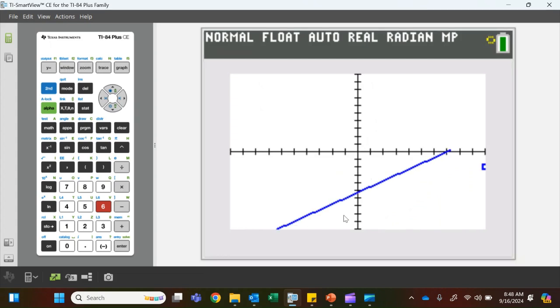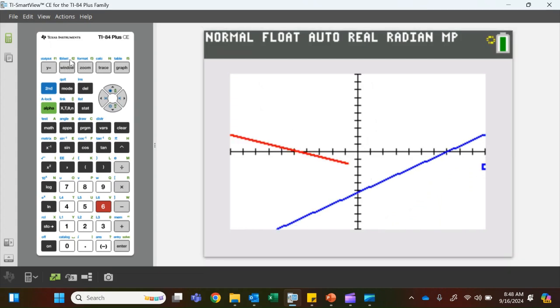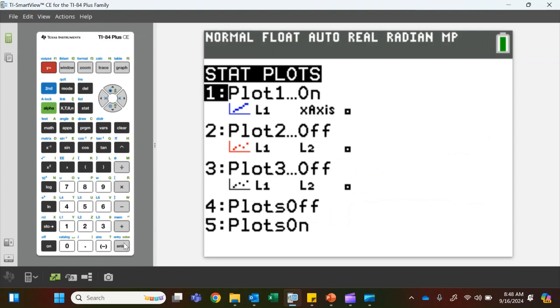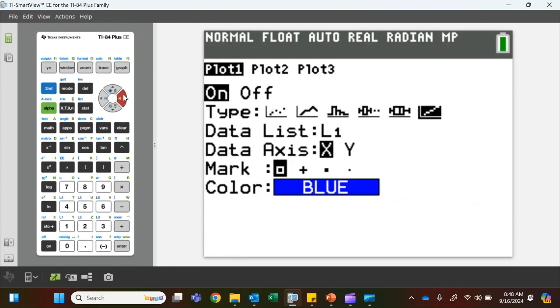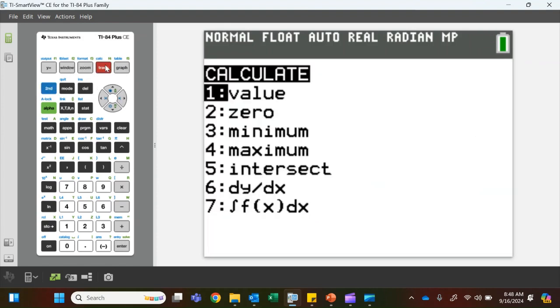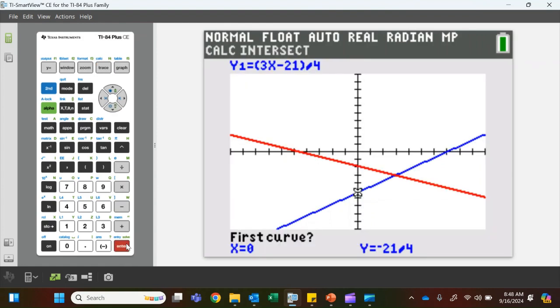I see it is indeed grabbing it for me. I am going to turn off my second stat plot, because it seems to be interfering here, and I don't want it to interfere. Now I can see clearly just my two lines without any other points interfering. I'm going to do second trace, or second calc, and run the intersect command.